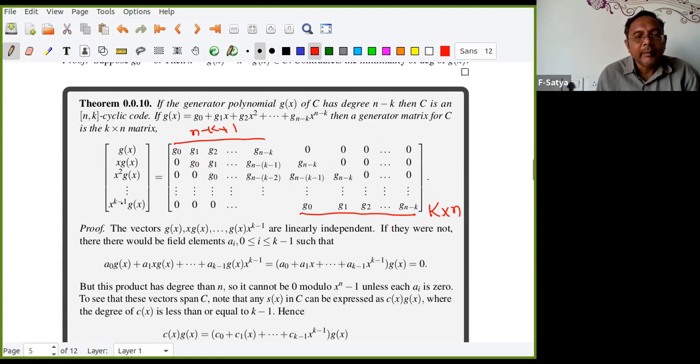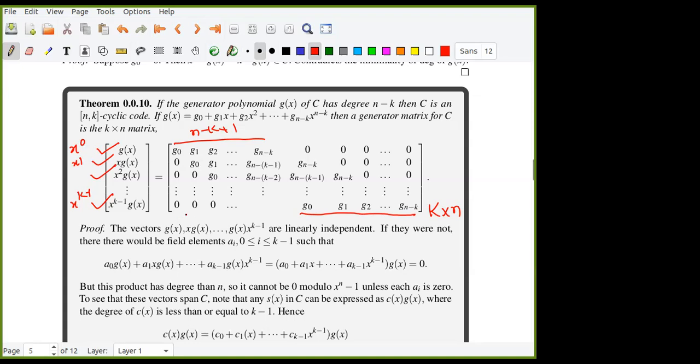I multiply it by x power k minus 1, and every time it shifts by one, and the zero comes here. So how many times did I multiply? Here x power 0, here x power 1, here x square, up to x power k minus 1. So how many rows will be there?